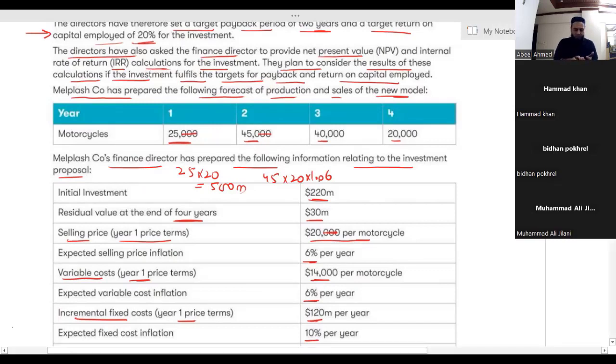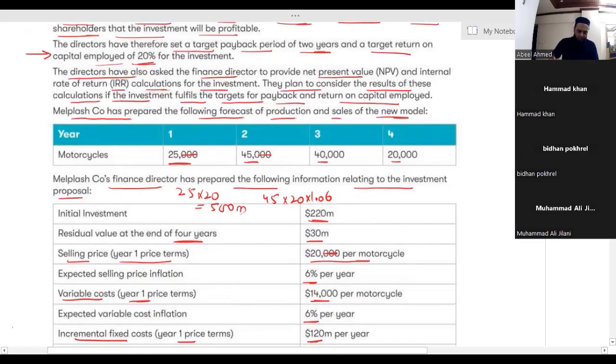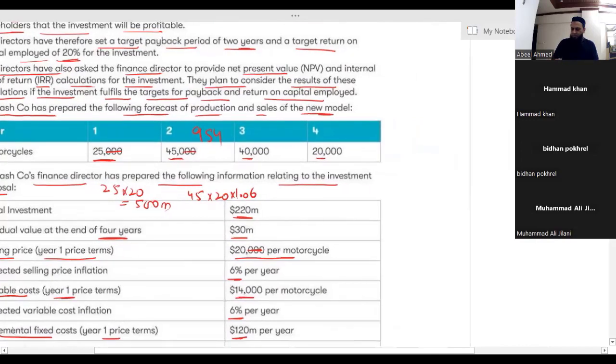So what will be the amount of the sale for the second year? 45 into 20 into 1.06. So in the second year, you will be getting sales of 954 million. Third year, 40 multiplied by 20 into 1.06 squared. The sales amount of the third year I'm getting is 898.88 million.